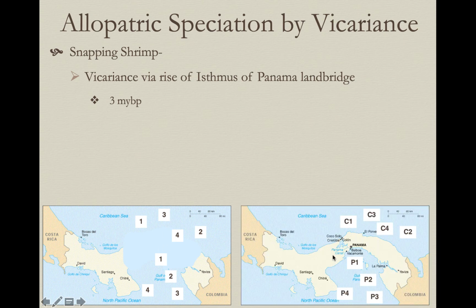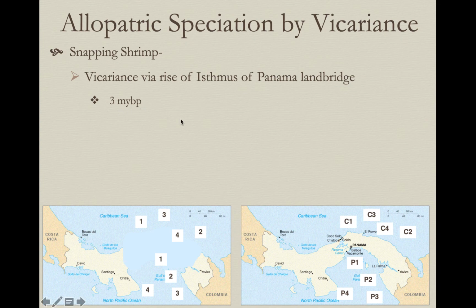But once that land bridge was established because of sea level changes, now there's a barrier that's popped up. Now these organisms didn't necessarily change. They stayed on their individual sides. The establishment of this land bridge separated populations in the Caribbean and in the Pacific that eventually formed new species. And this happened about 3 million years before present.